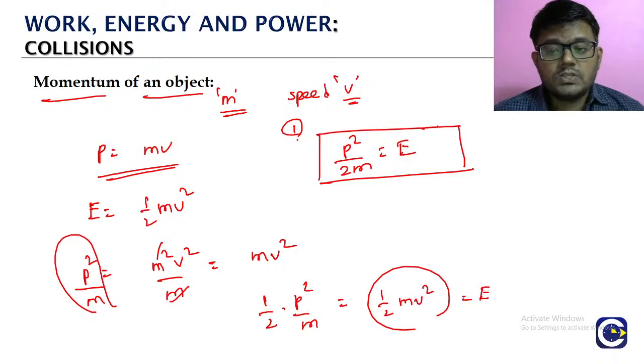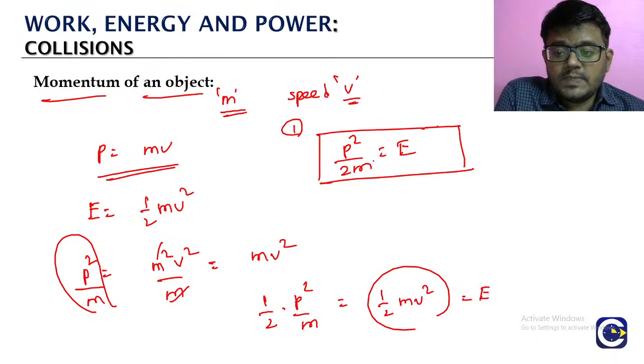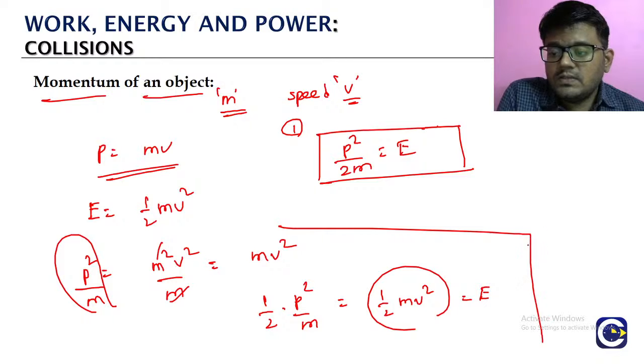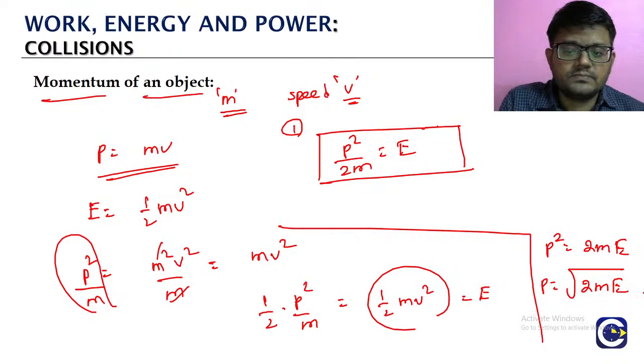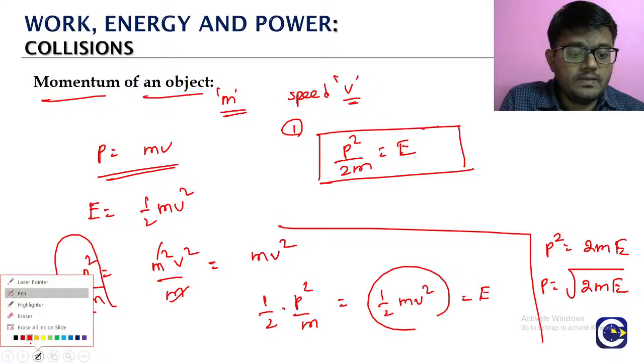Now, from this expression, p square will be 2m into E, since 2m on the right side goes to the numerator. Taking the square root, p is equal to root of 2mE. This is the second expression.